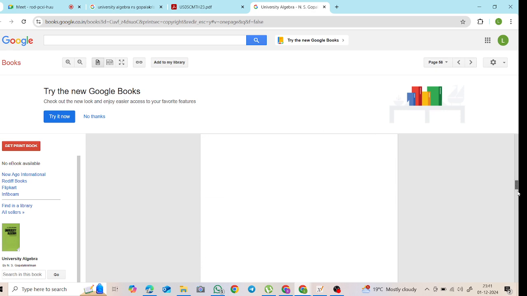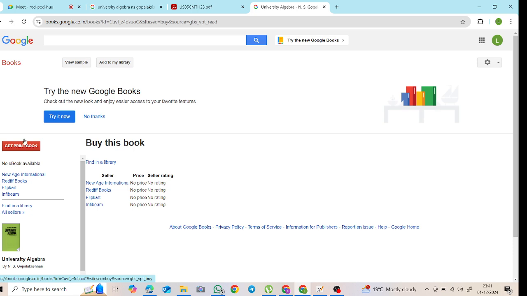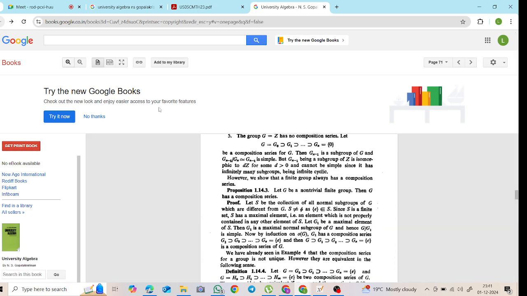Can you download this book? I mean, is that doable? No ebook available, they have written, but can you print it? No, that's not the way to do it.